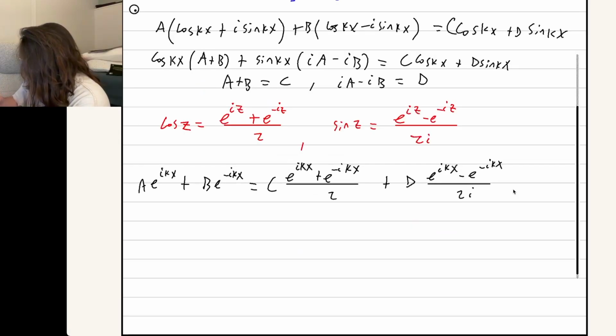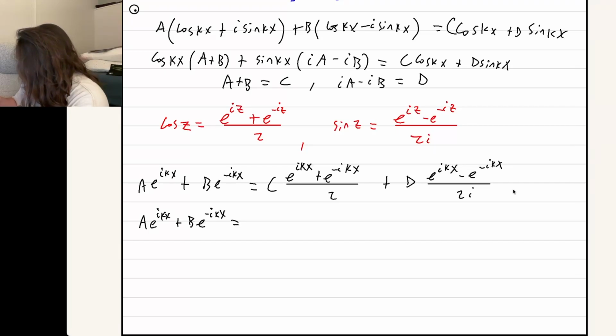And now we can group things together on the right hand side by exponentials. So I have e to the ikx, and then we have a c over 2 plus d over 2i. That's it.